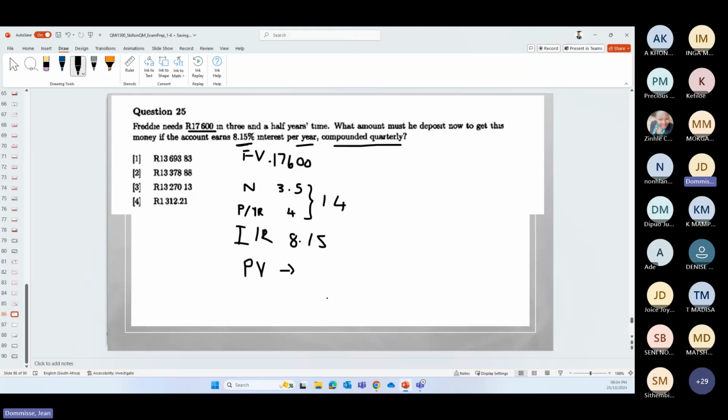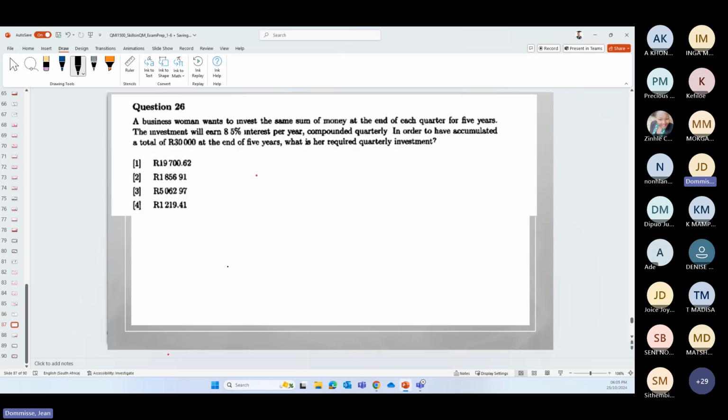So my present value is going to be 13,270.13. Okay, so for you guys, if you want to check what it's needed, there we have covered it.